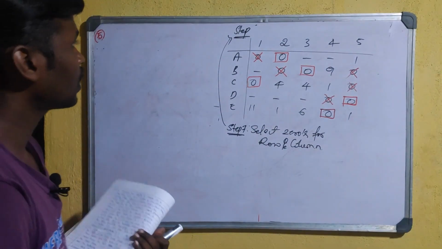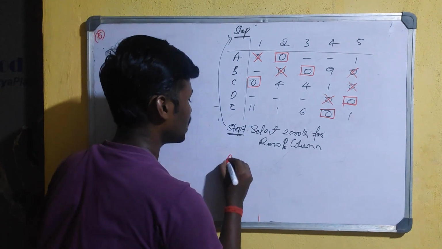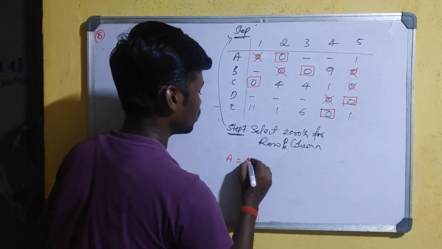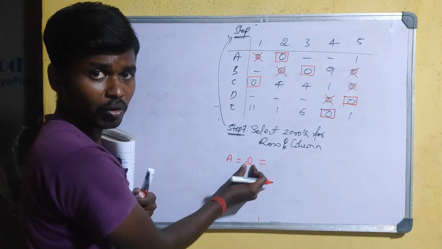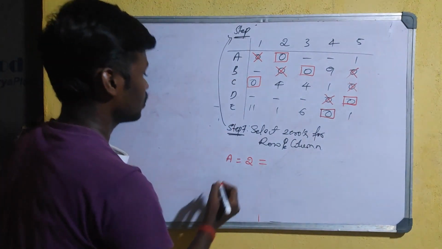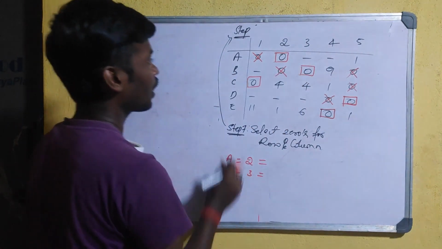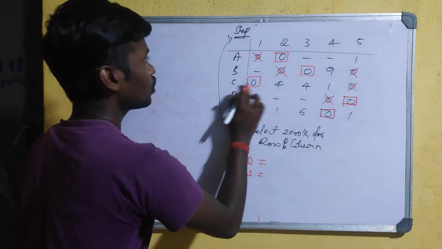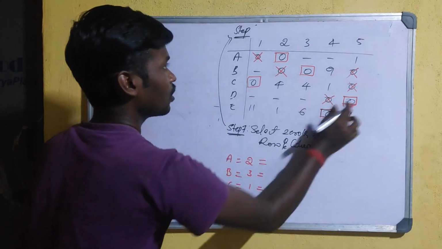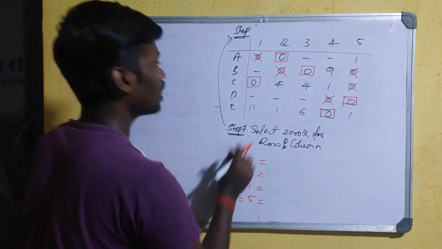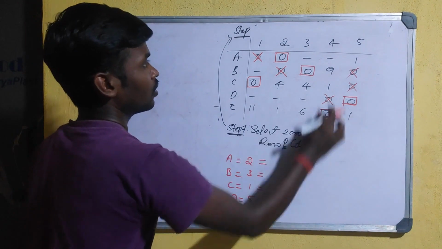See, in this case we are allocating swimmer A to the second style. Write down the style here. Next, B to the third style. Next, C to the first style. Next, D to the fifth style, that is the dummy style. Next, E is allocated to the fourth style.